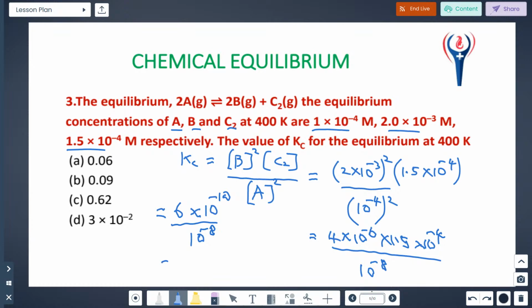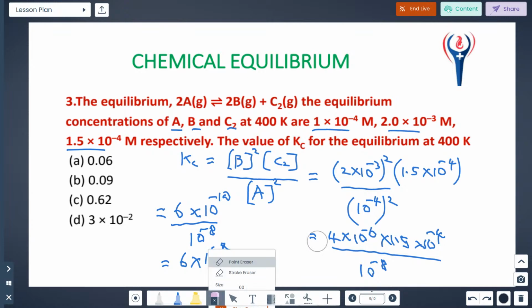Understood. Then just imagine, when 10 power minus 2 is present in the denominator and it goes to the numerator, it becomes 10 power minus 2. So, 6 into 10 power minus 2.